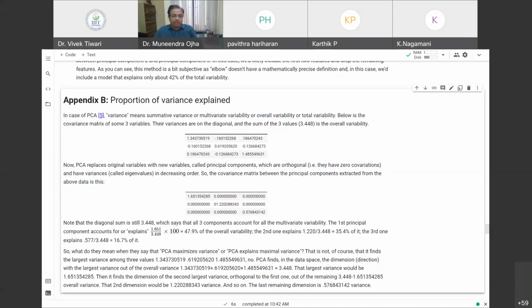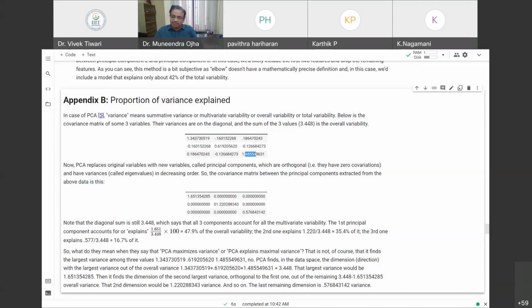Note that the diagonal sum is still 3.448. When I obtain the variances on the diagonal, the sum of the three values is 3.448. If you add 1.34, 0.61 and 1.43, you obtain 3.448.